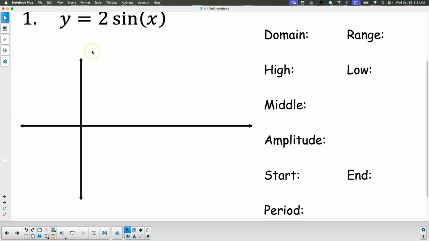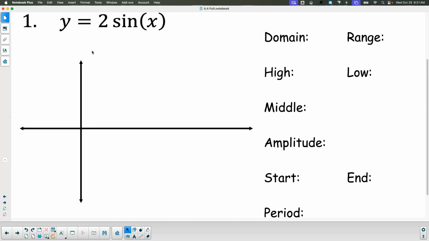I'll do some fixing here later. Without even graphing, what's the domain of this function? All real numbers. Always, all the time.